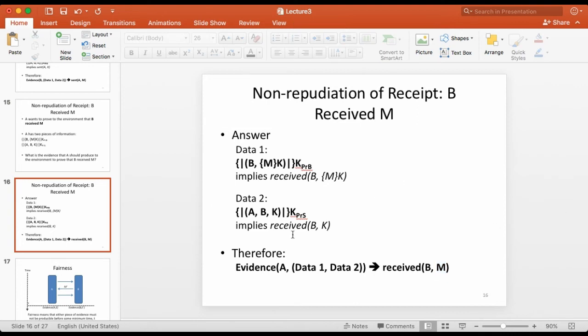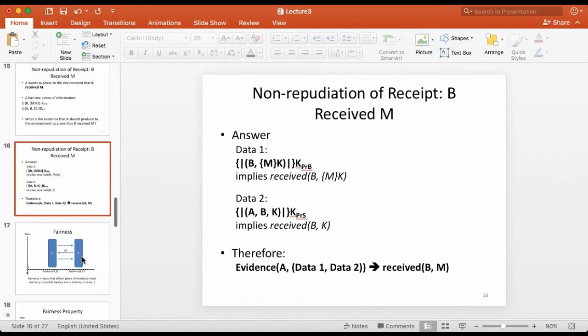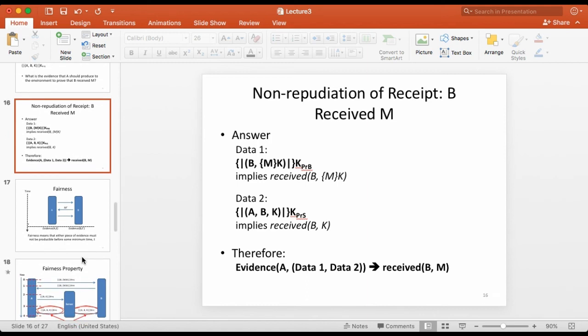So in this case, both parties have managed to prove to themselves or to any other external arbitrator that the other party was either the party that sent the message M or the party that received that message M. And you can imagine here, as I said earlier, that M can be anything in the world.